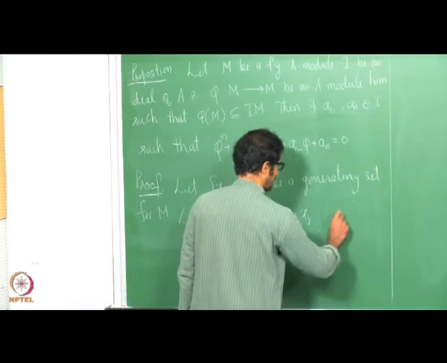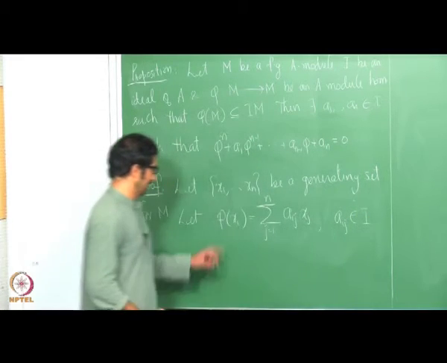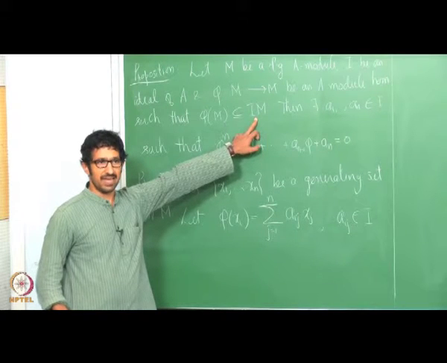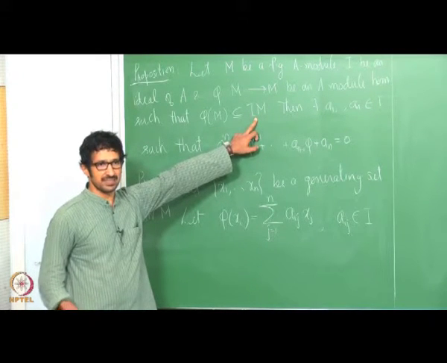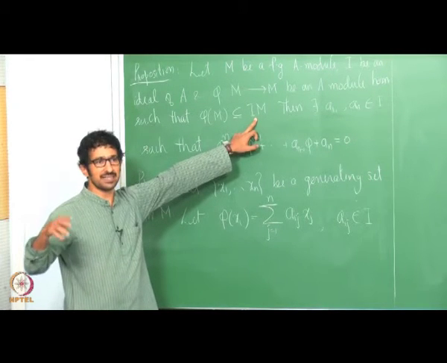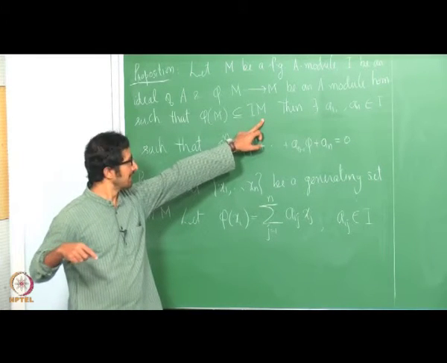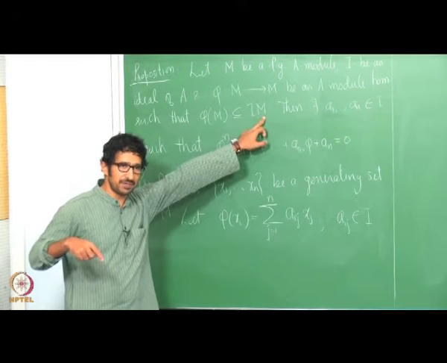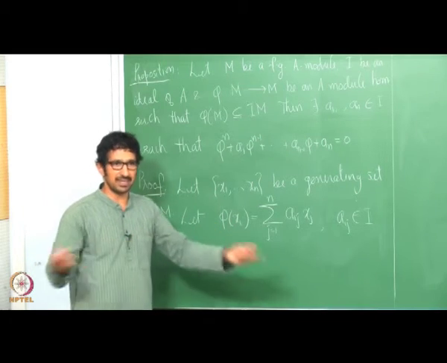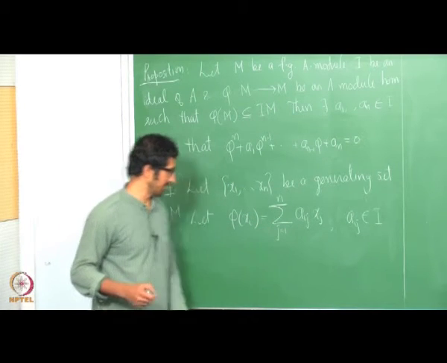And where are these aij's coming from? Phi of xi is contained in IM. Every element of IM looks like summation alpha ij yj, where alpha ij come from I and yj come from M. But every element of M is a linear combination of x1 up to xn. So each yj I can expand and then write it in this form ultimately.